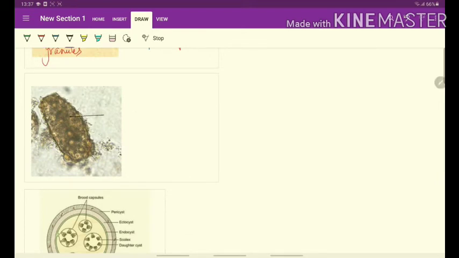As you have seen earlier, this is the unfertilized egg of Ascaris lumbricoides.